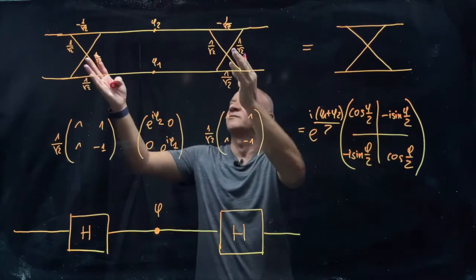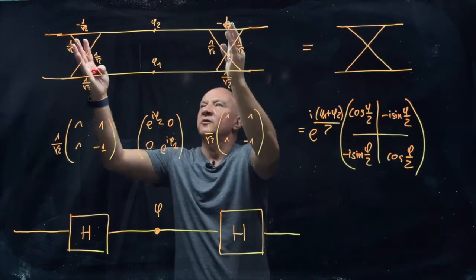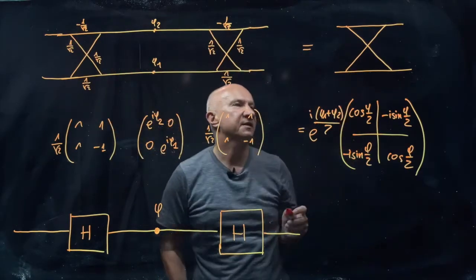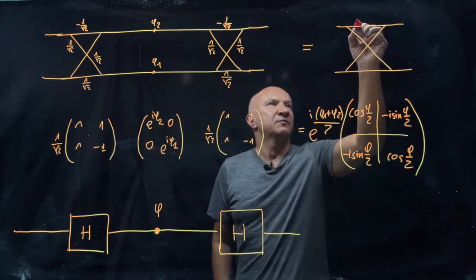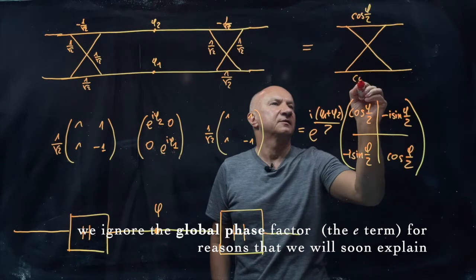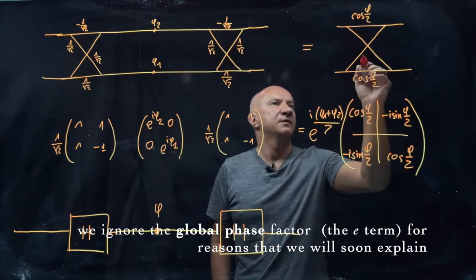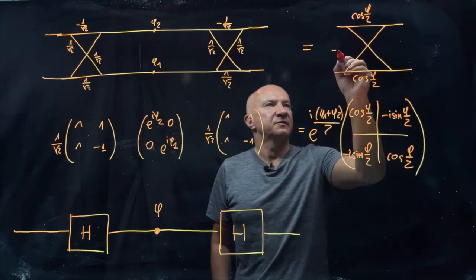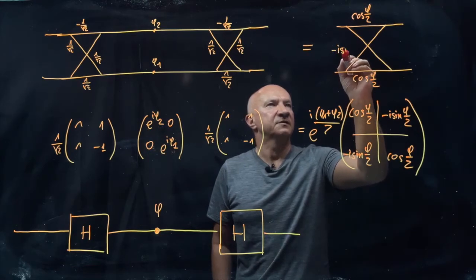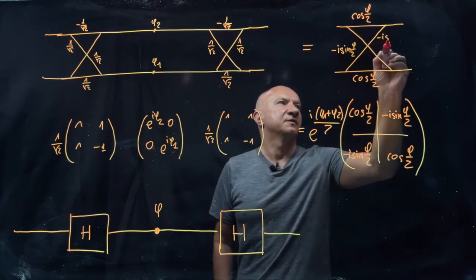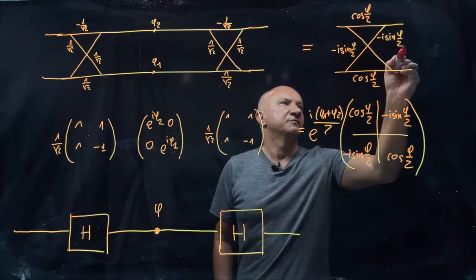Essentially, instead of writing and drawing this diagram, I can say that this diagram is equivalent to this diagram, where the transition amplitudes are cos(phi/2) and cos(phi/2). And the transitions between the ground and the excited state happen with probability amplitude minus i sin(phi/2), and this is also minus i sin(phi/2).